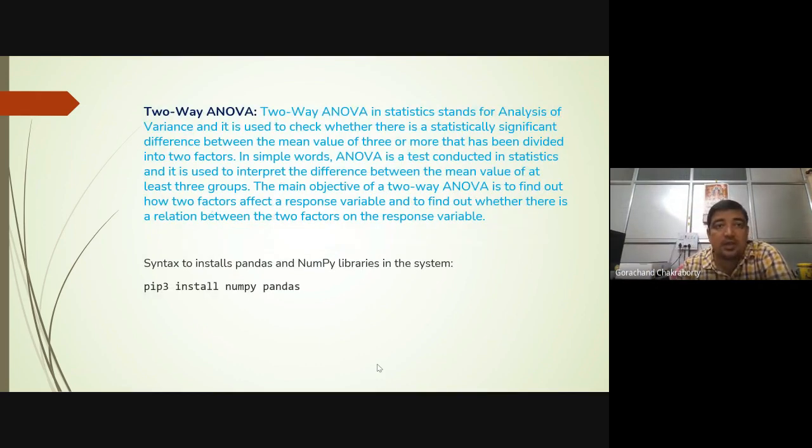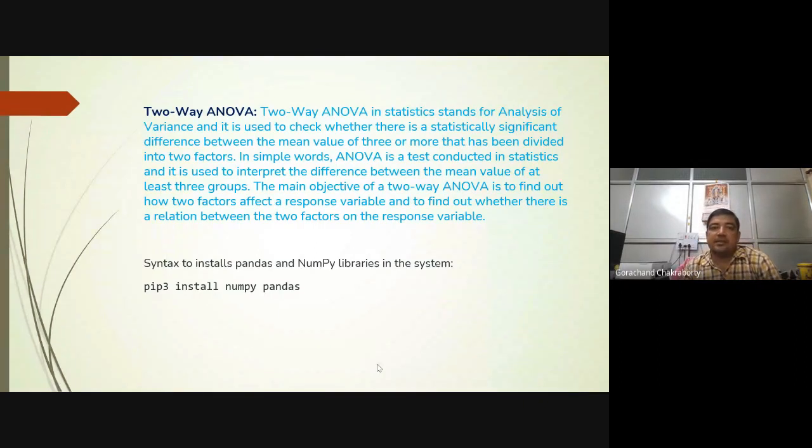This is the result. Now two-way ANOVA. Two-way ANOVA in statistics stands for analysis of variance, and it is used to check whether there is a statistically significant difference between the mean value of 3 or more groups that have been divided into 2 factors.